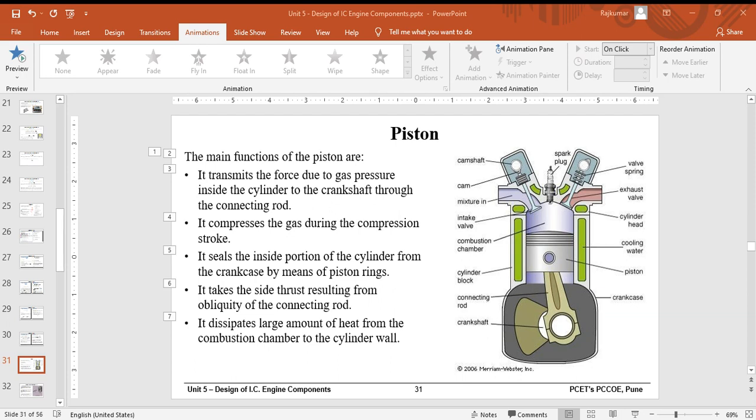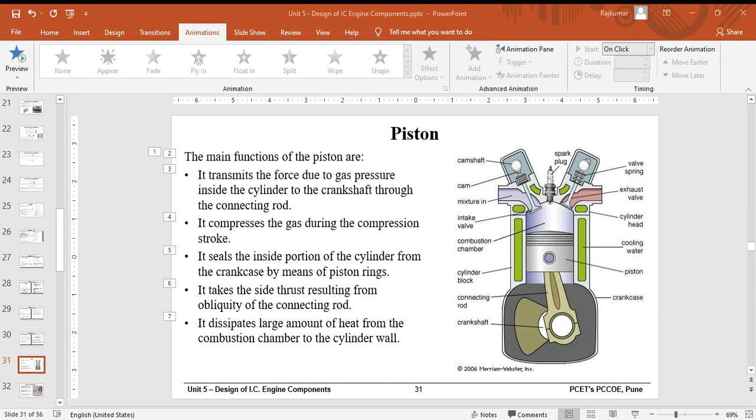Then the higher calorific value for diesel is generally taken as 44 into 10 raised to 3 kilojoule per kg. For diesel, sorry, that value should be for petrol. So I will let you know in the next lecture. It is 47 into 10 raised to 3.